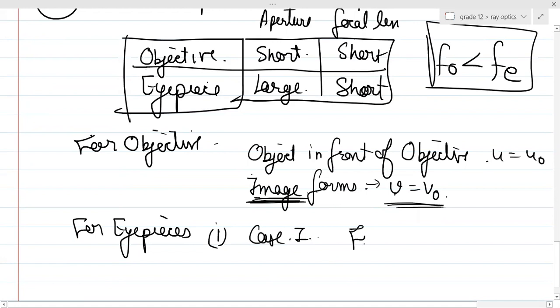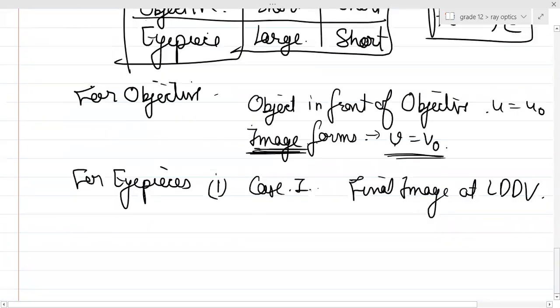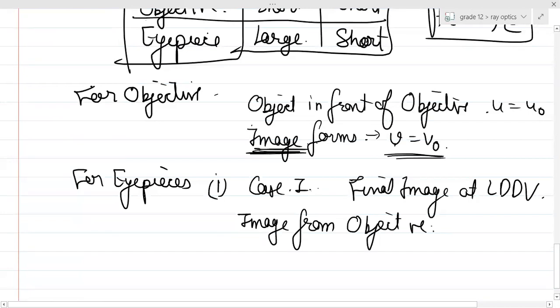Case 1, when the final image is at the least distance of distinct vision, then the image from the objective, I write it like this.